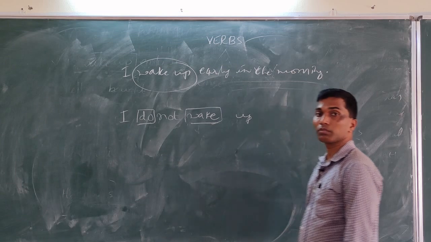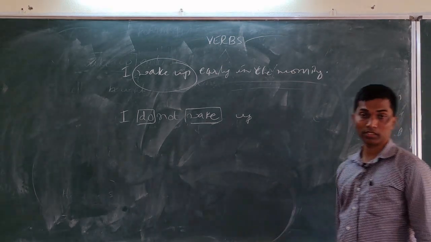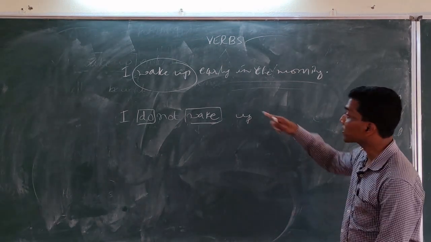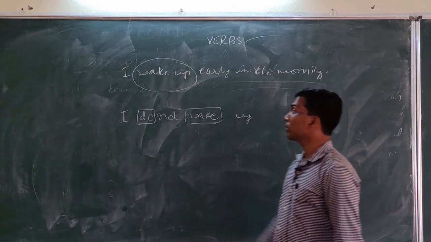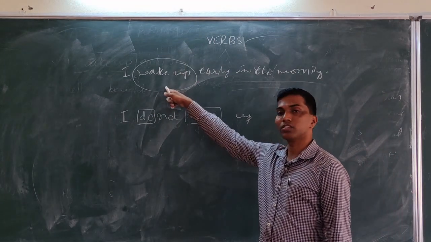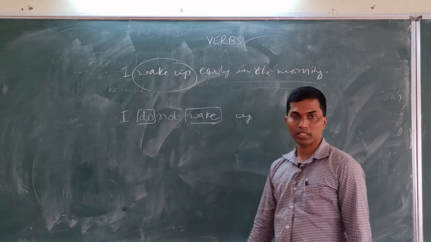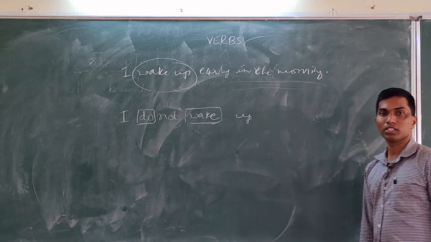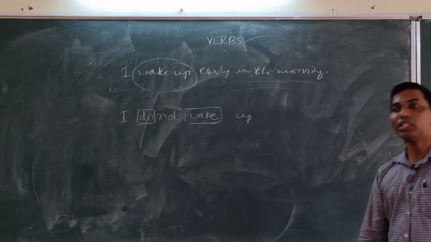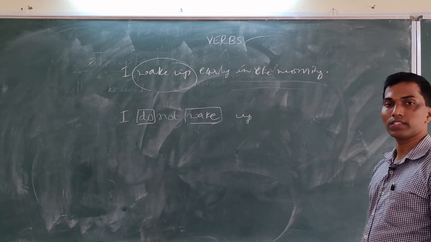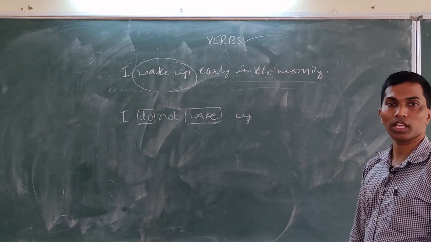Why do you think one of the have forms has not come here? It's because of the restriction. Yeah, what restriction? Whenever there is a helping verb that is invisible, it is a do form all the time.